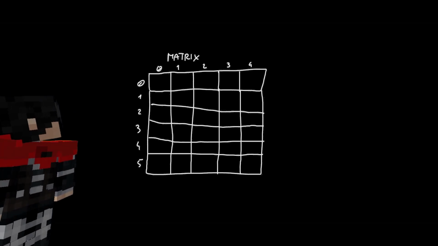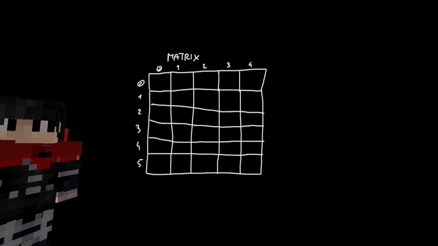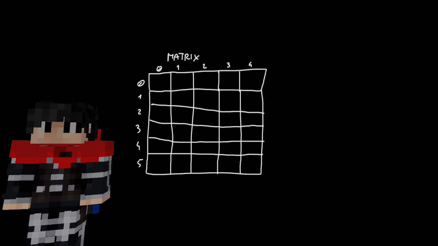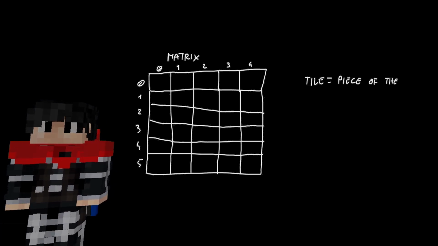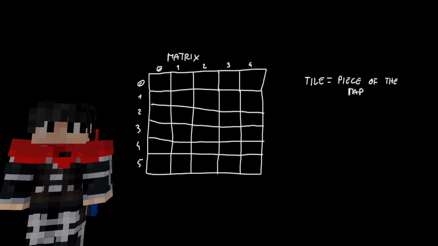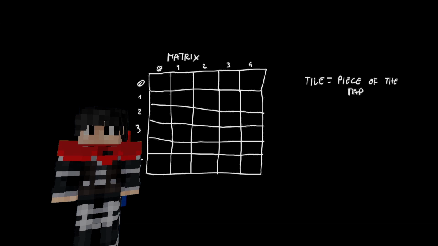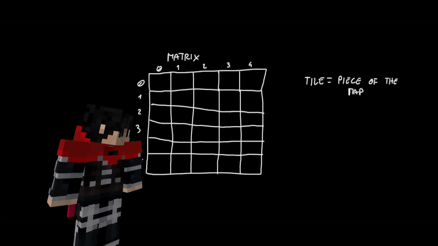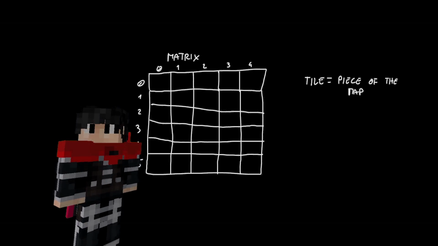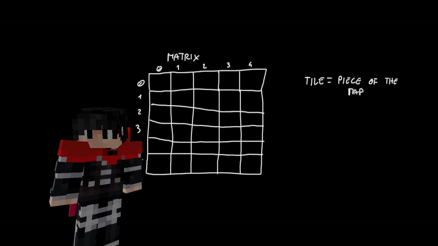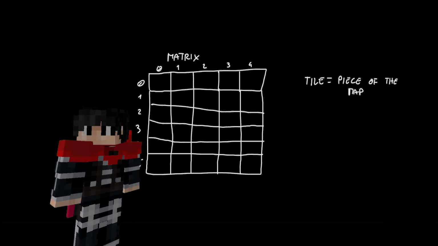Every cell, every square of this matrix is one tile. Every tile is a texture, and the texture can be, I don't know, the floor, the wall, the door, or anything that we want.